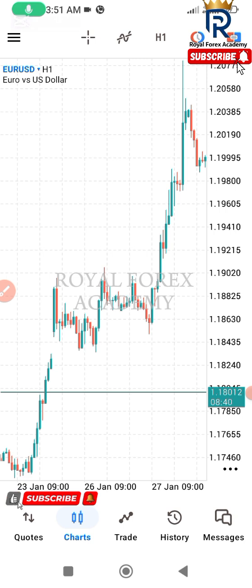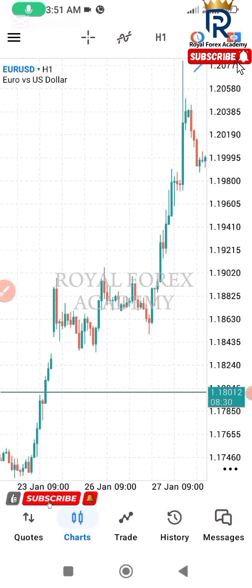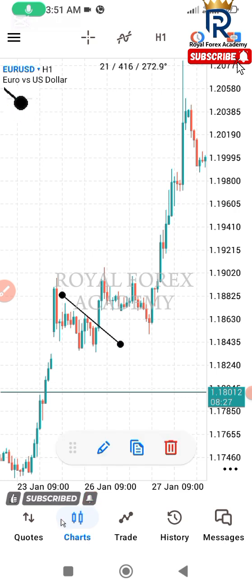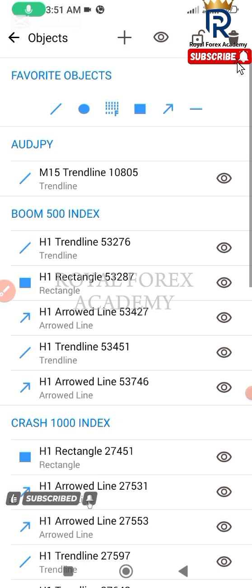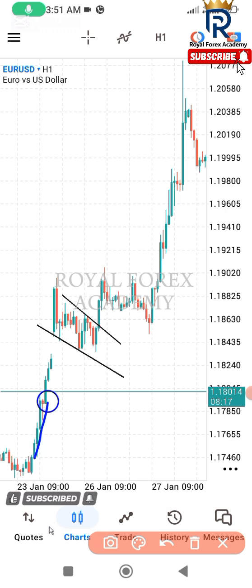So look at this scenario. In this scenario, I see what the price is doing. So look at here. Price was moving to the upside, then suddenly you had this movement. You see that? Now price moves this way. So you can see that this looks exactly like a flag.